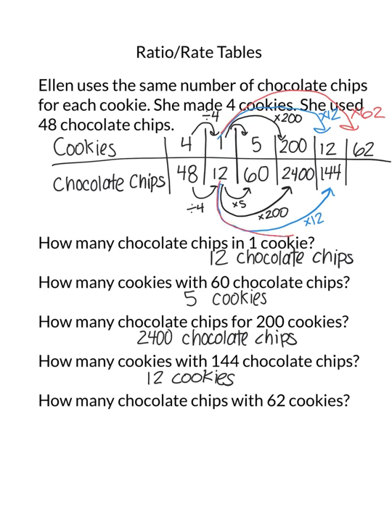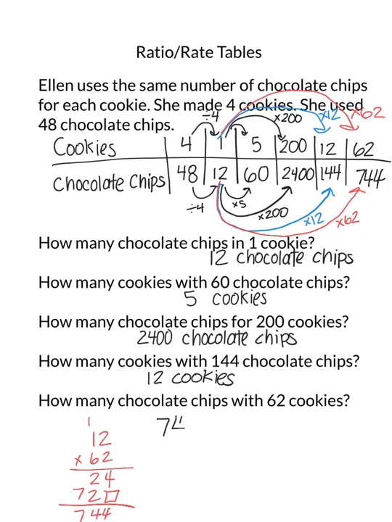And if I did times 62 on the top, I will do times 62 on the bottom. So now I will need to solve 12 times 62. 2 times 2 is 4, 2 times 1 is 2, 6 times 2 is 12, 6, 7, so I get 744. So you would use 744 chocolate chips with 62 cookies.